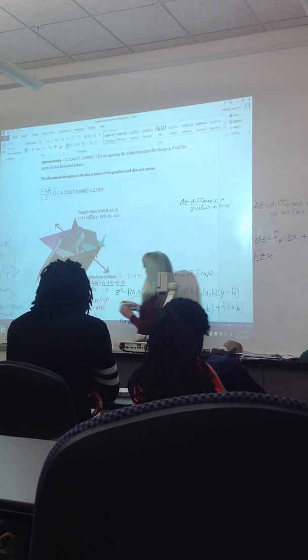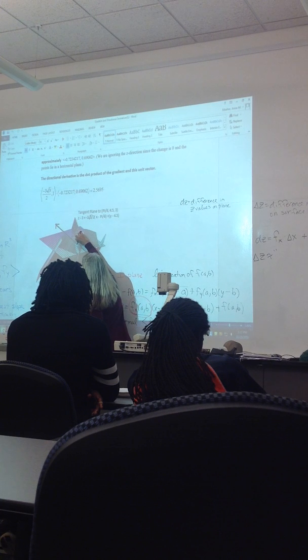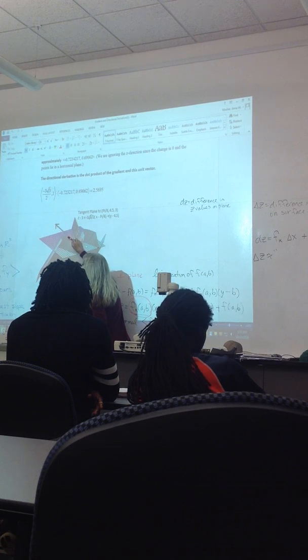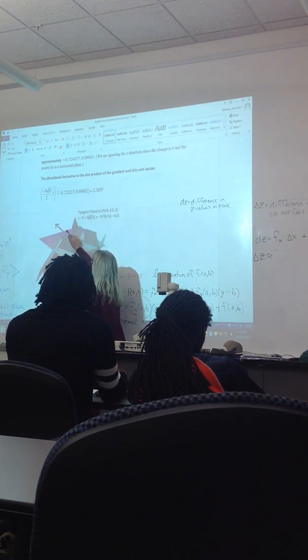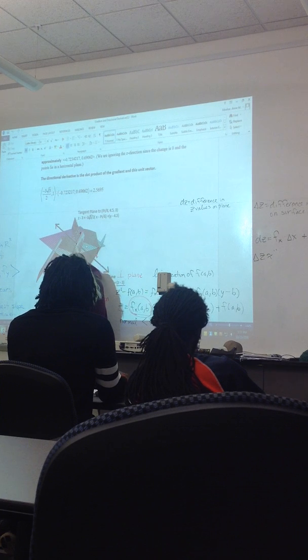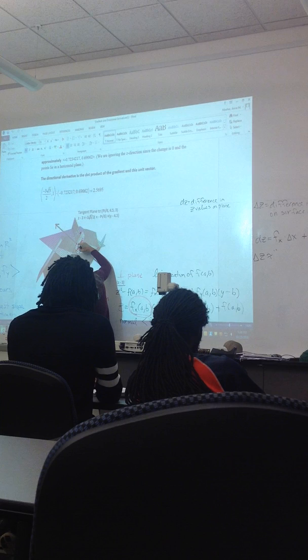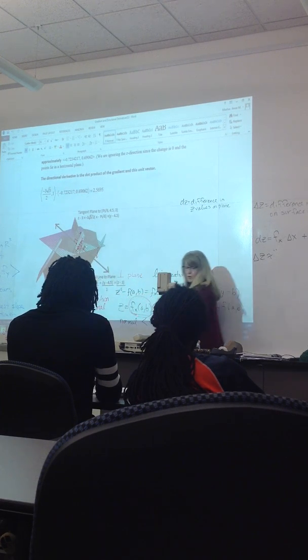So sometimes people study the tangent line, which is in the tangent plane at the point, along with the normal line, which is perpendicular to the surface at that point. The tangent line and the normal line are perpendicular to each other. So here would be my tangent line, and it's perpendicular to my normal line.